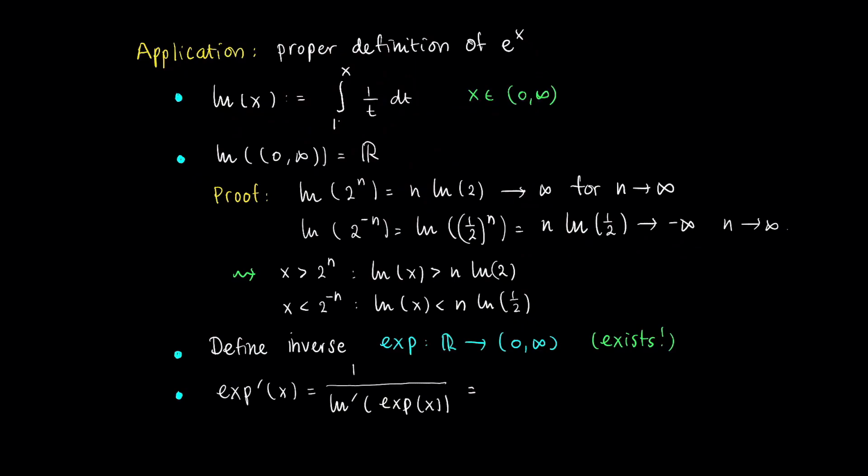But there's an easy formula for the derivative of the natural logarithm. It's just 1 over the argument. So it's 1 over the exponential function in x, which yields the exponential function in x. That's the basic fundamental property that we now get as a result without assuming that there's a value e.